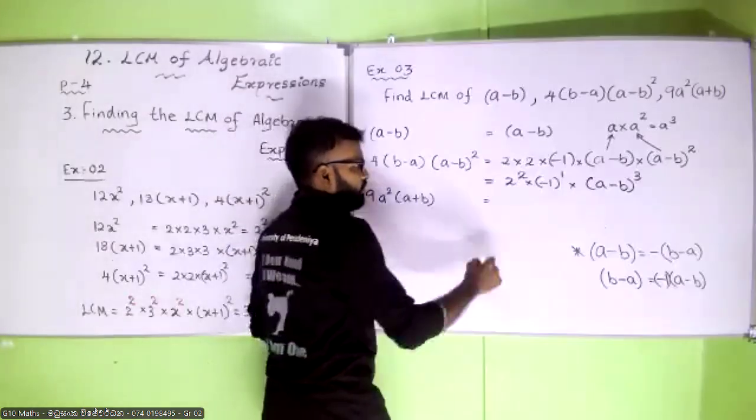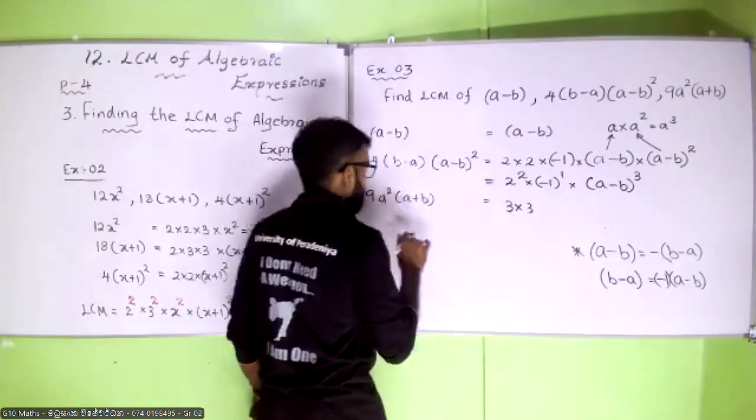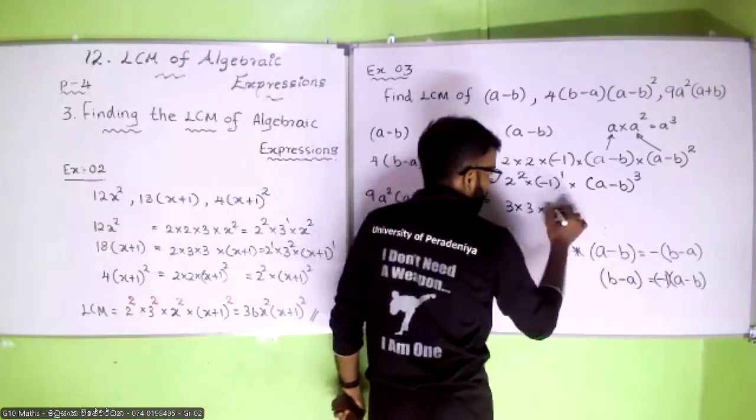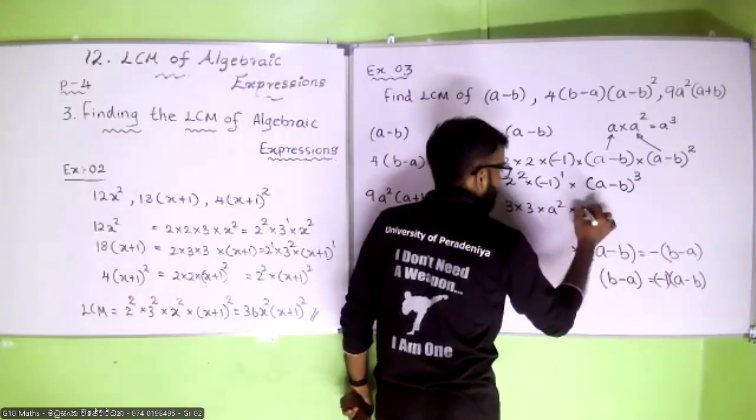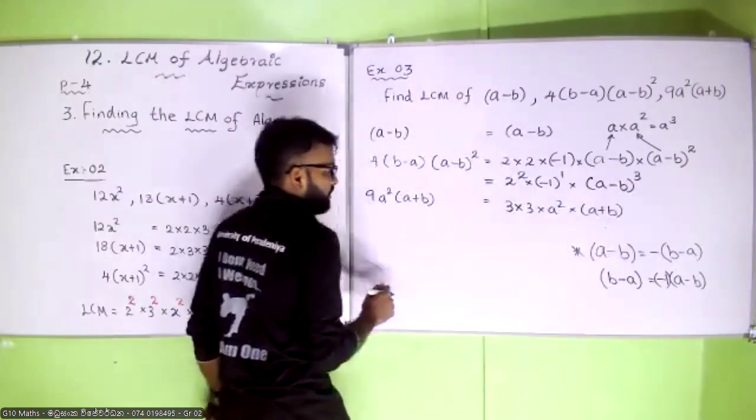So 9. You know how to represent 9: 3 times 3. A is A to the power 2. And A plus B, something like this.